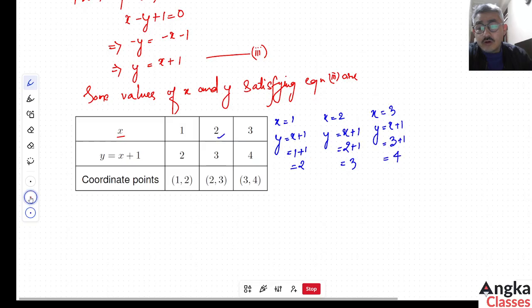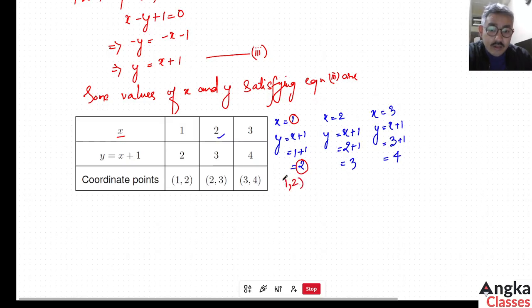So when x is 1, y is 2, so the coordinate is 1, 2. Similarly, when x is 2, y is 3, so the next coordinate is 2, 3.